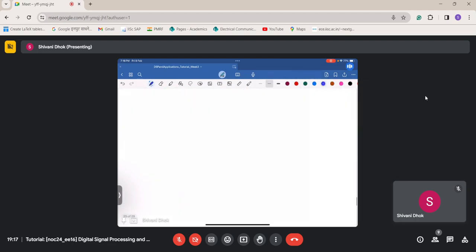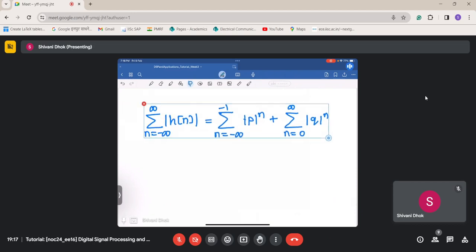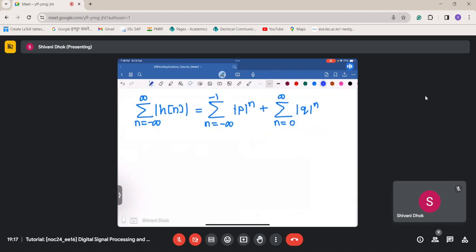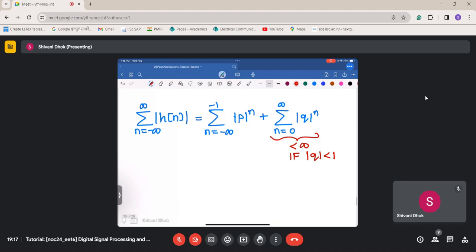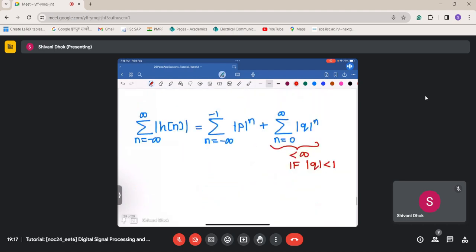So what we have is this summation here, and what did we show? This particular quantity is less than infinity if magnitude of q is less than 1, and this summation is less than infinity if magnitude of p is greater than 1.